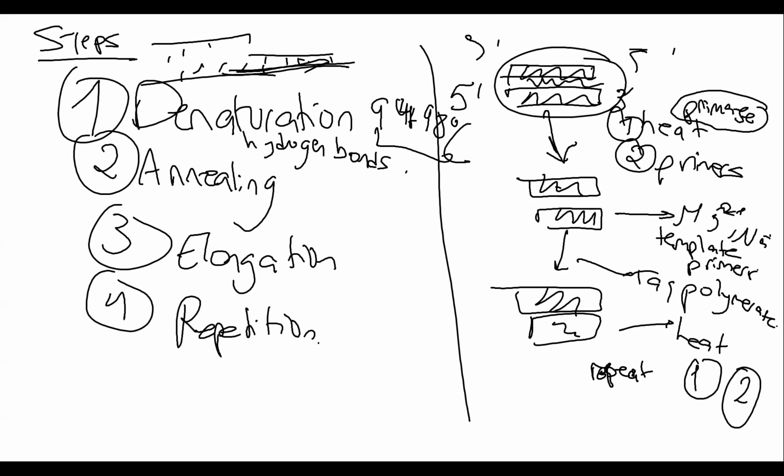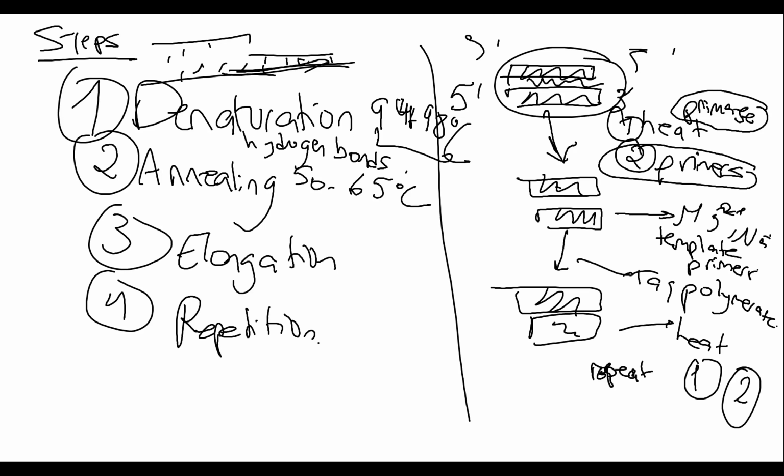Second step is the annealing. The annealing step, the reaction temperature is lowered to 50 to 65 degrees Celsius. So from 50 to 65 degrees Celsius. We lowered, we cooled down. Since we said here, we have the primers to cool down this reaction.